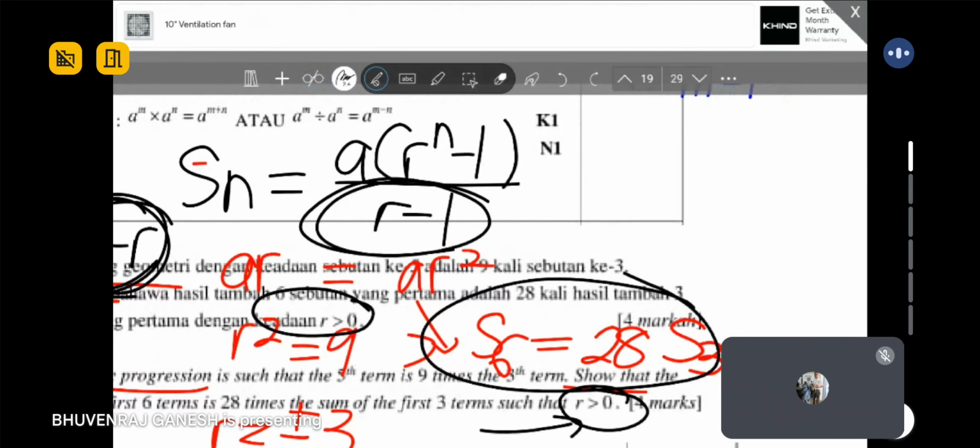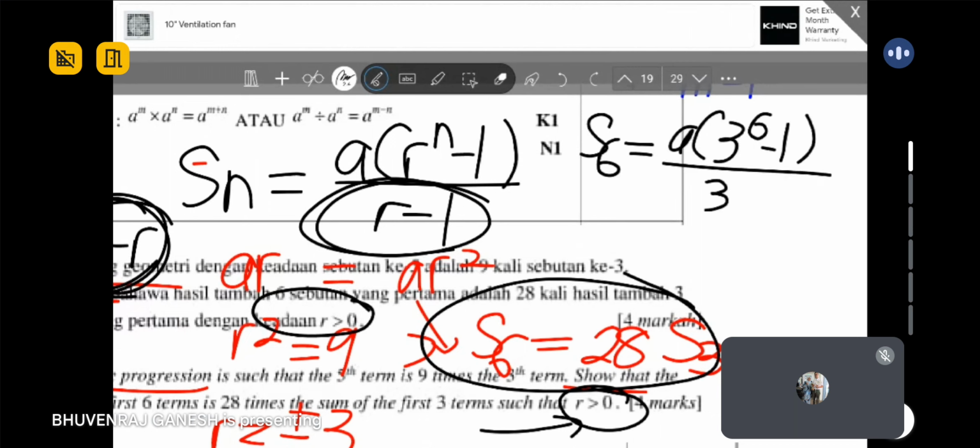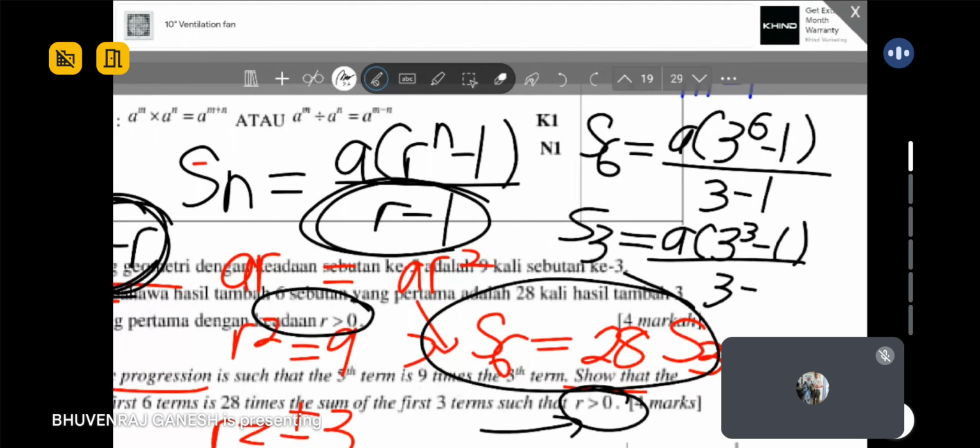Alright. Okay, so now you can start to use the equation. Okay, so S6, you can find S6 first. Okay, kamu cari secara berasingan lah. Okay, so A(3 power 6 minus 1) over 3 minus 1. Okay, I just sub all the value only. Gantikan saja. Okay, and then A(3 power 3 minus 1) over 3 minus 1.